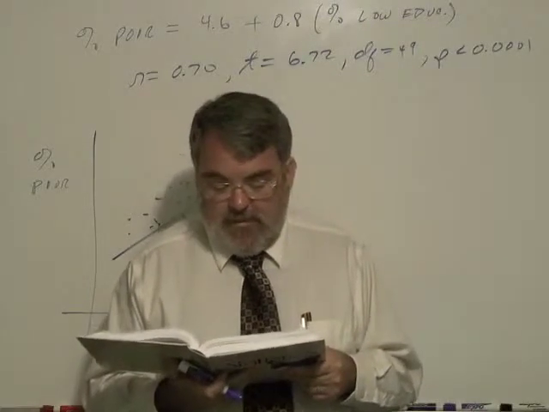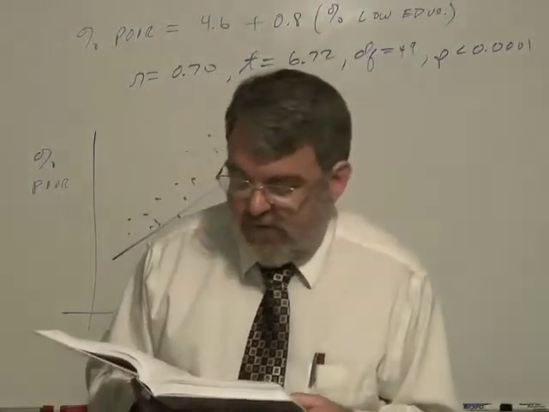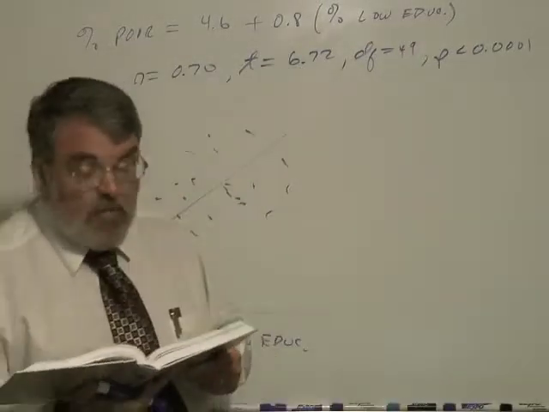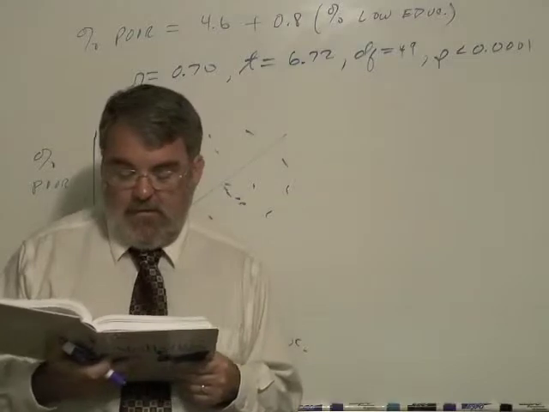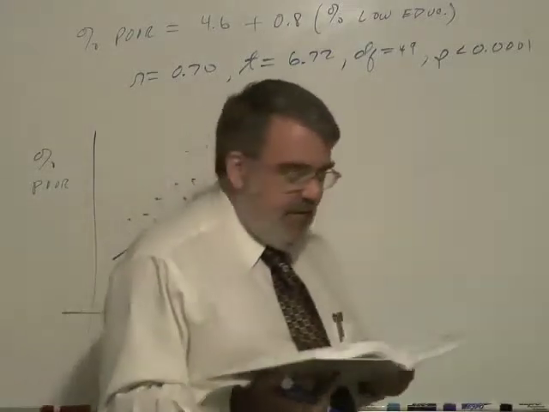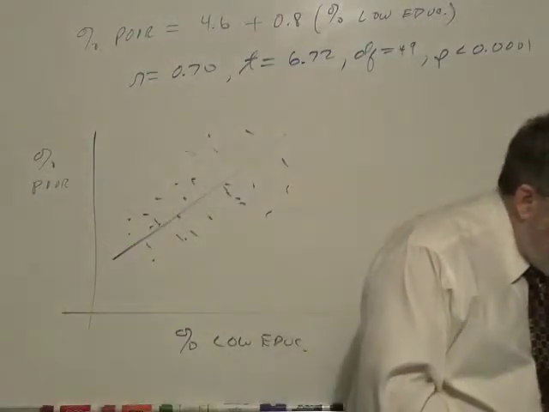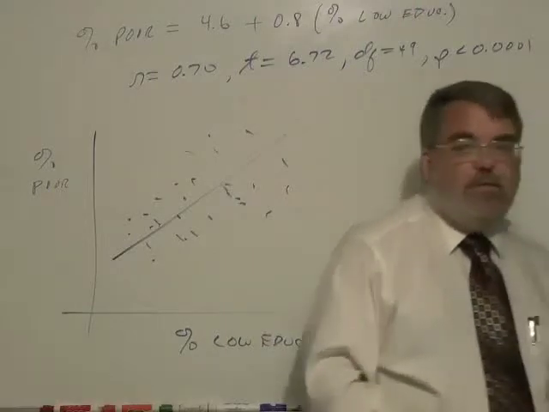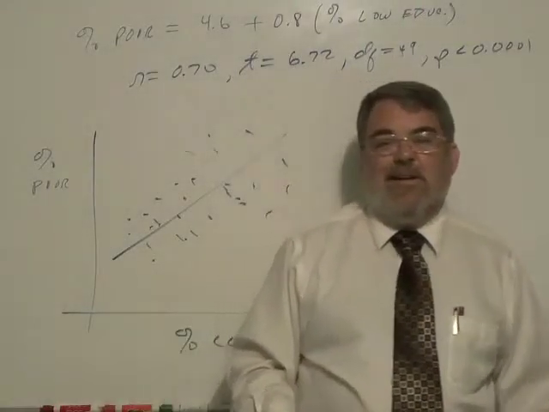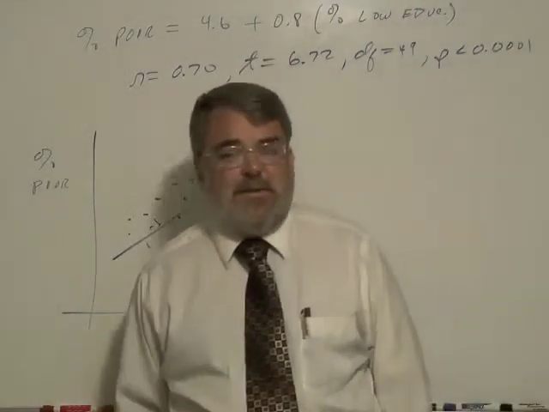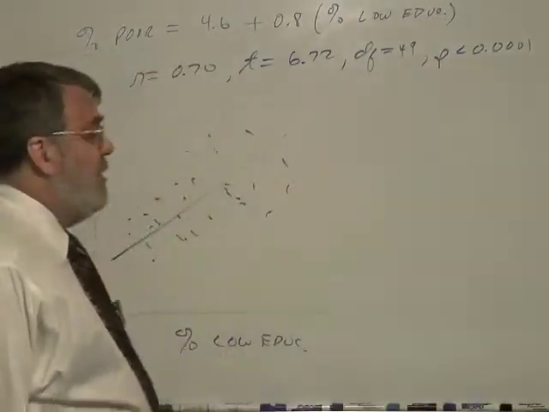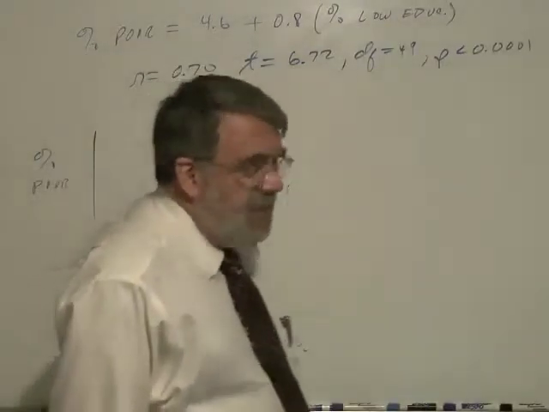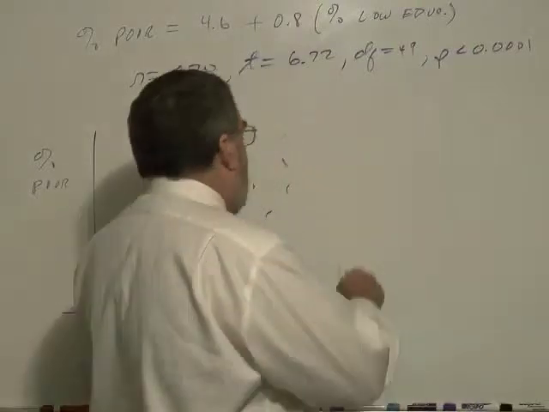What is the probability of a correlation coefficient of 0.70 or more by chance alone in a sample of 51 observations from a population with a correlation coefficient equal to 0? Okay, so they just described the hypothesis test.